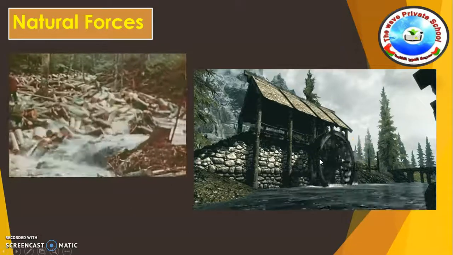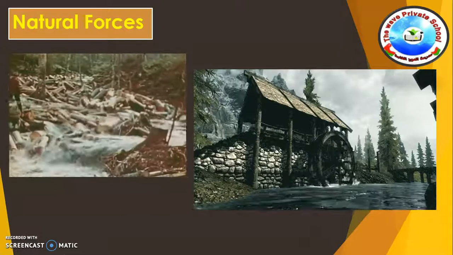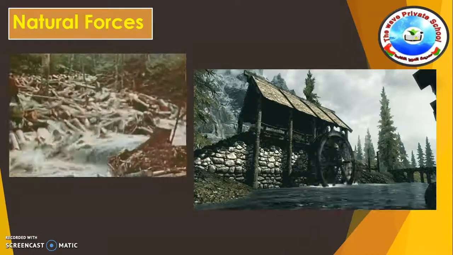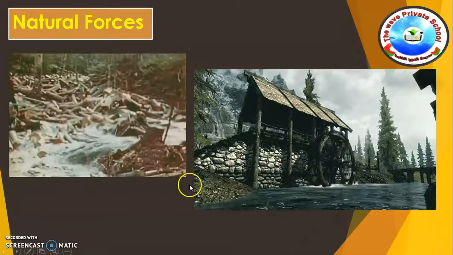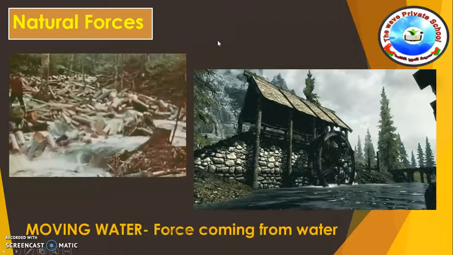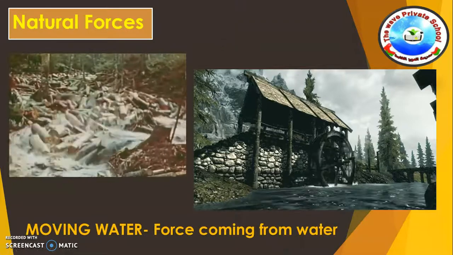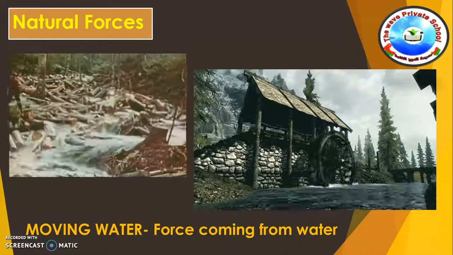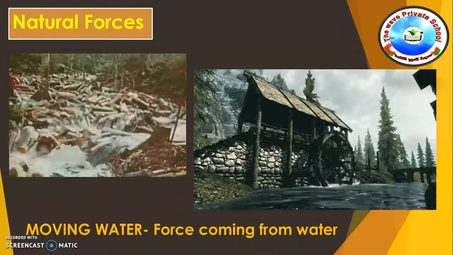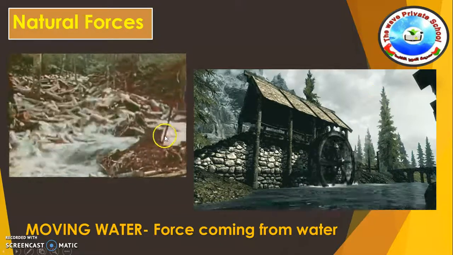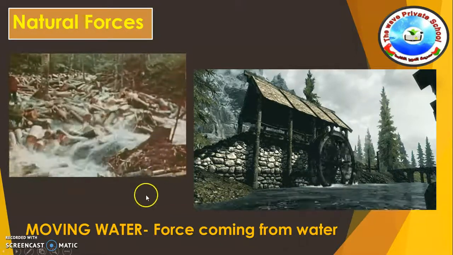I know that you have an answer now in your mind to the third natural force in our nature, and that is the water, or the moving water. So moving water force, that is the force that comes from the water. So water also can make things move.